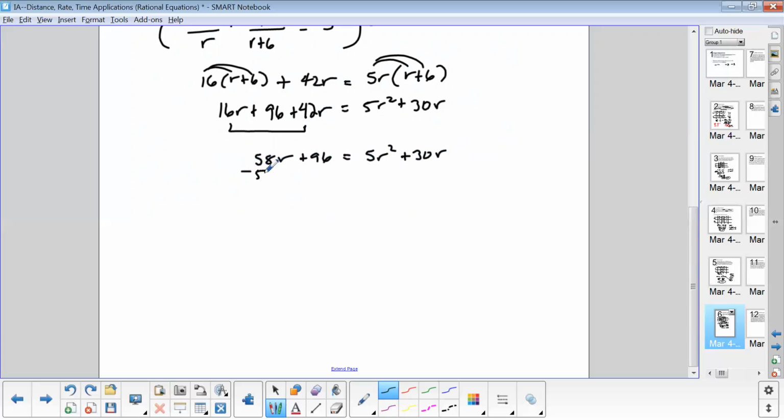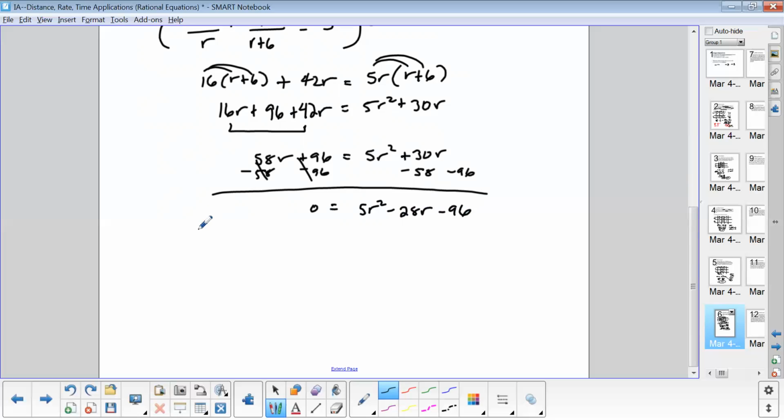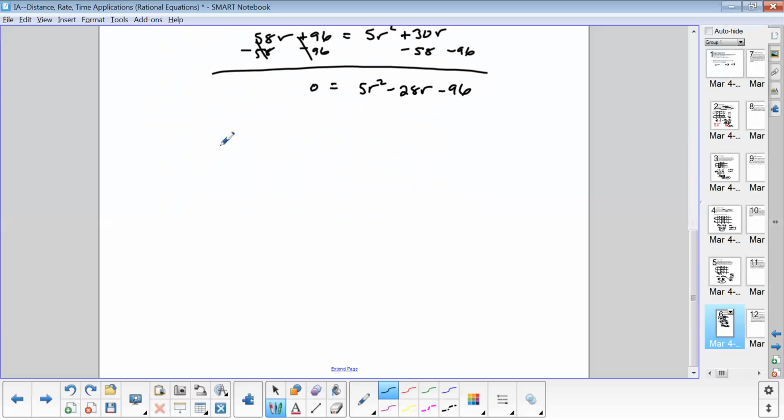So I'm just going to move everything to the right side. So 0 is equal to 5R squared minus 28R minus 96. So if you're looking for factors, you could do A times C and do 5 times 96, and that's going to be 480.